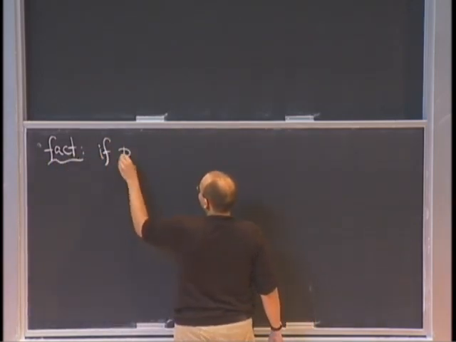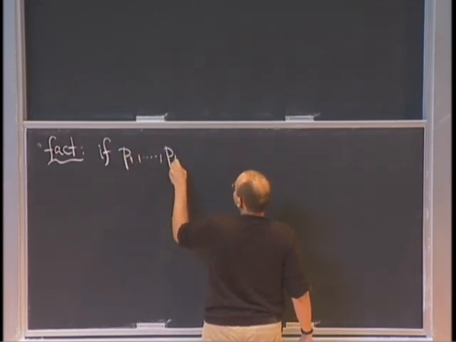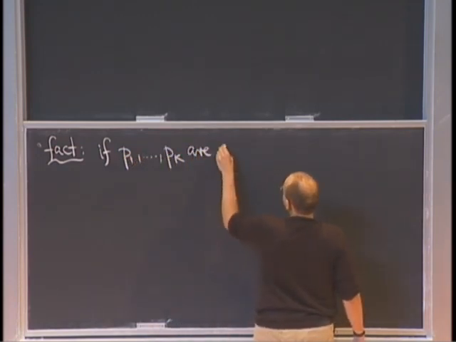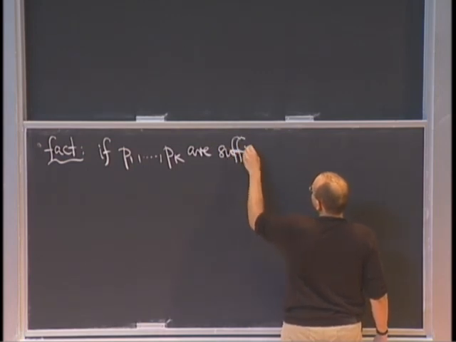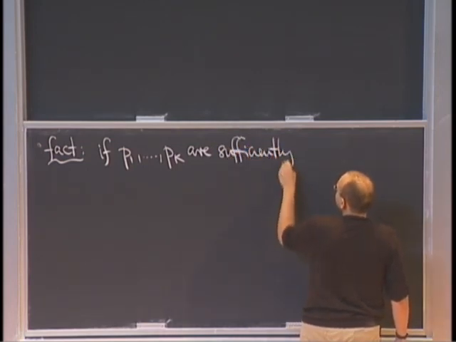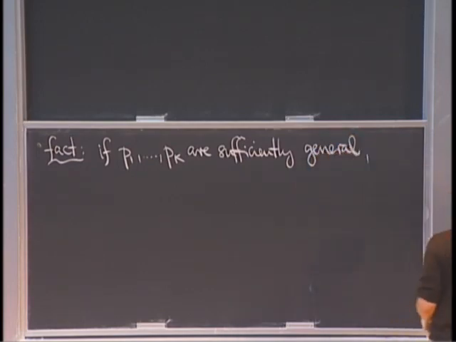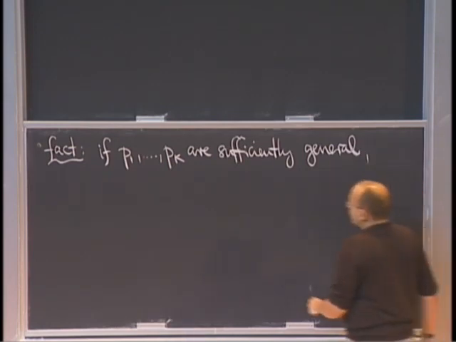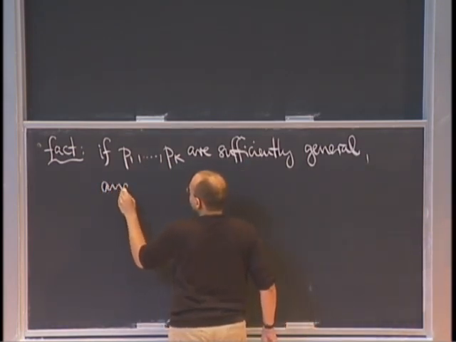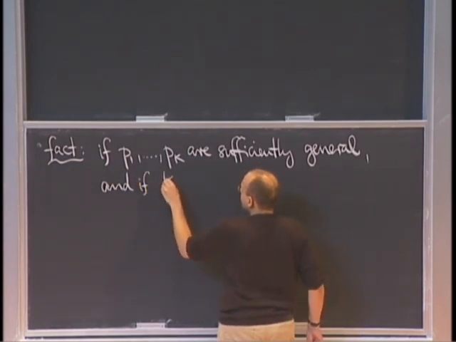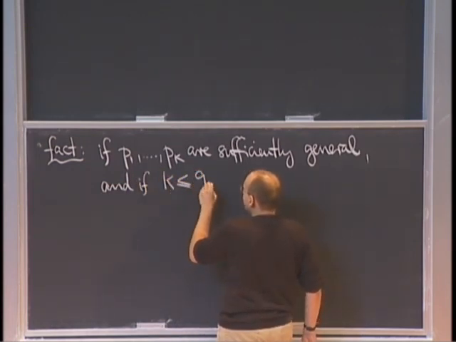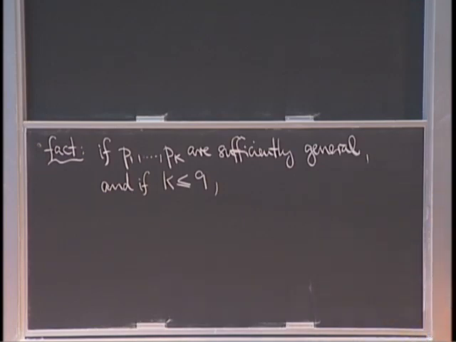So if my points are sufficiently general, if I'm imposing at most 9 conditions, so that's somehow the limit, this family of cubics is 9-dimensional.